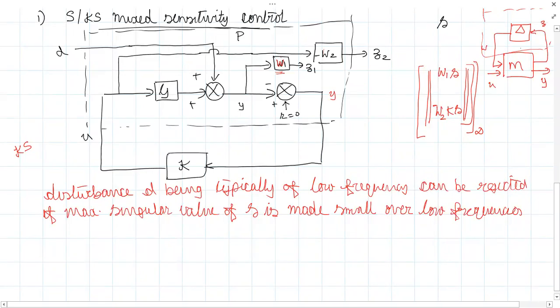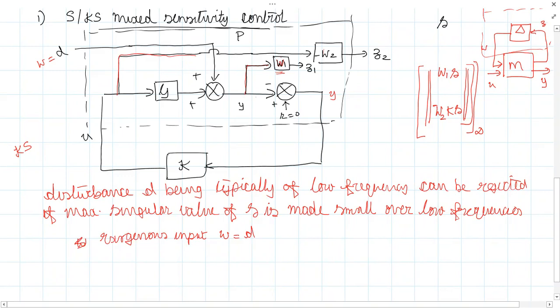Tell me what is the exogenous input here? What is W? D, correct. So W is the exogenous input. Since we are trying to minimize S and KS, we have to take this signal and this signal as the two regulated outputs.